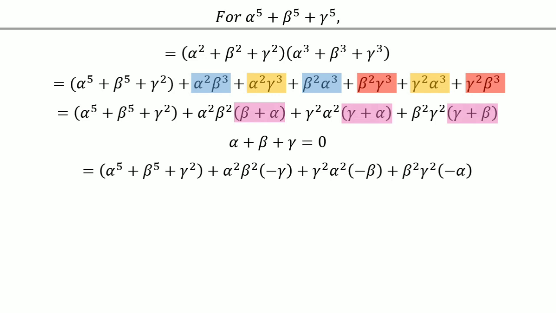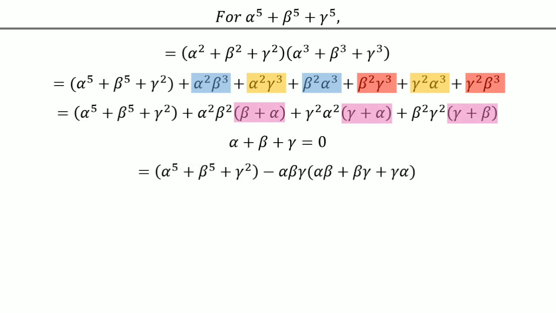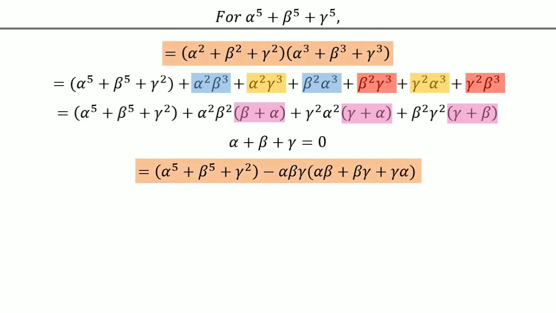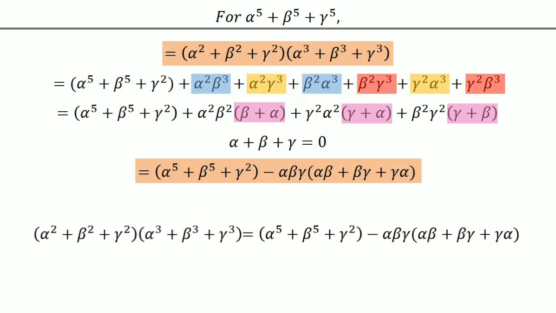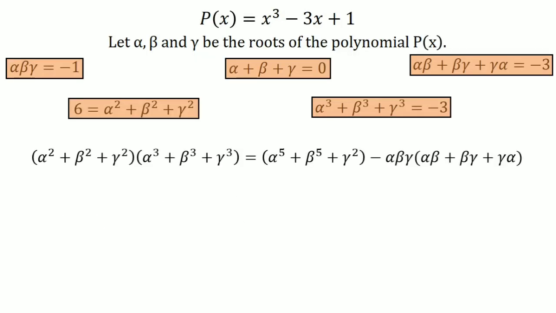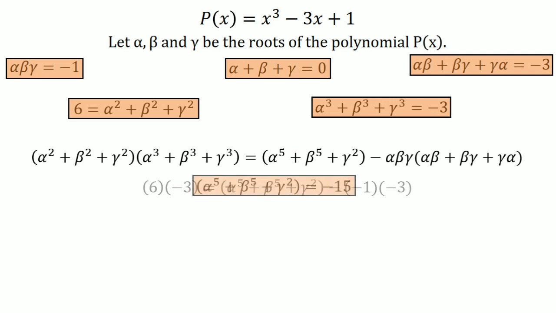So finally we have this. Now reopening the parentheses and taking alpha + beta + gamma as common, we have this. Now we have converted this thing into this thing, so we can equate both, and now putting in the values by our given information, we have this. So finally we have alpha⁵ + beta⁵ + gamma⁵ equal to −15.